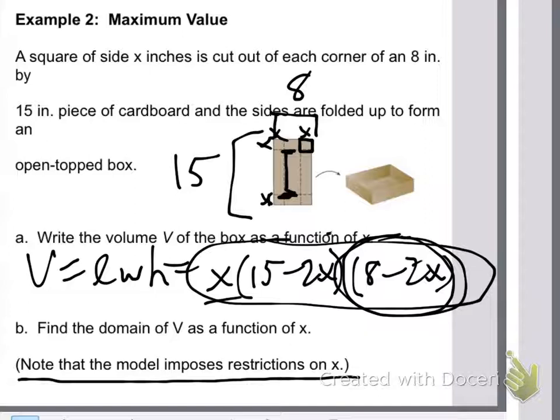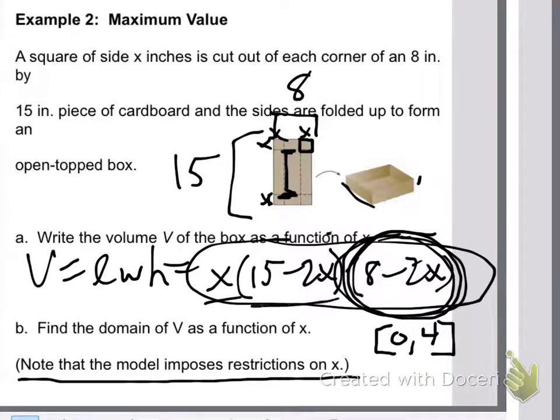So the height has to be positive. The length, or the width, has to be positive. So our domain is only from 0 to 4. That's it. Because anything bigger than 4 is going to make this negative, which is bad.